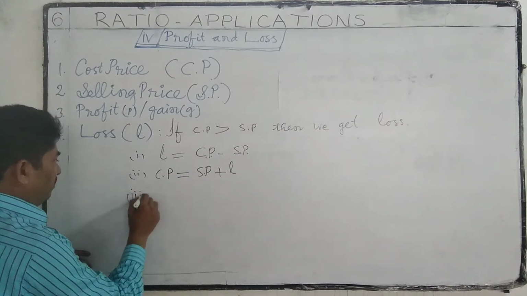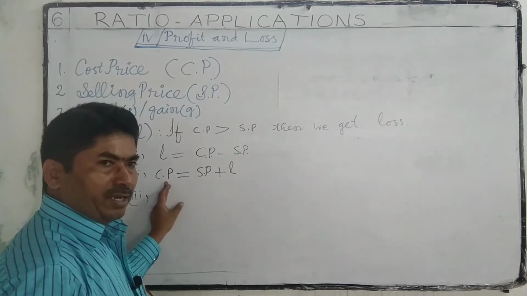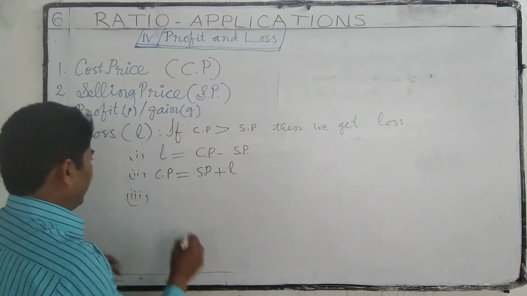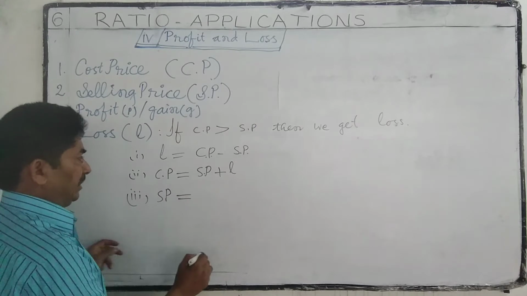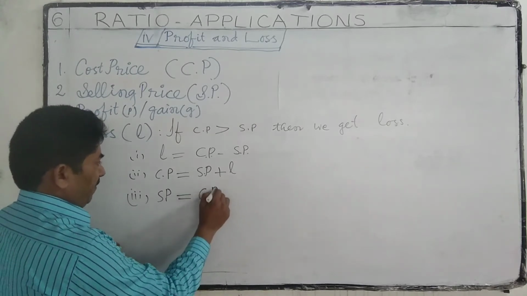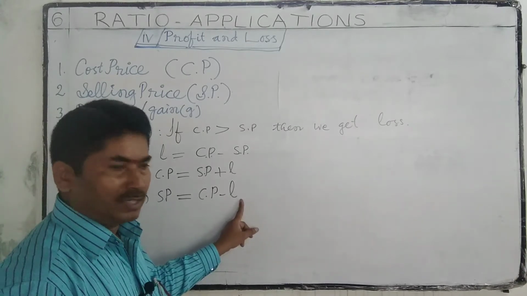If there is a cost price and loss, then we get a selling price. SP is equal to CP minus loss.